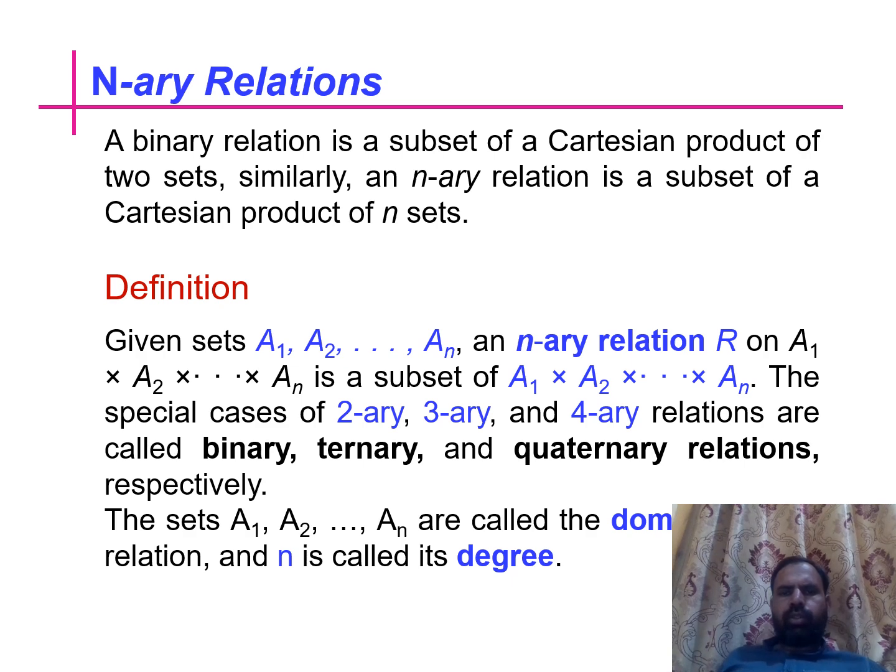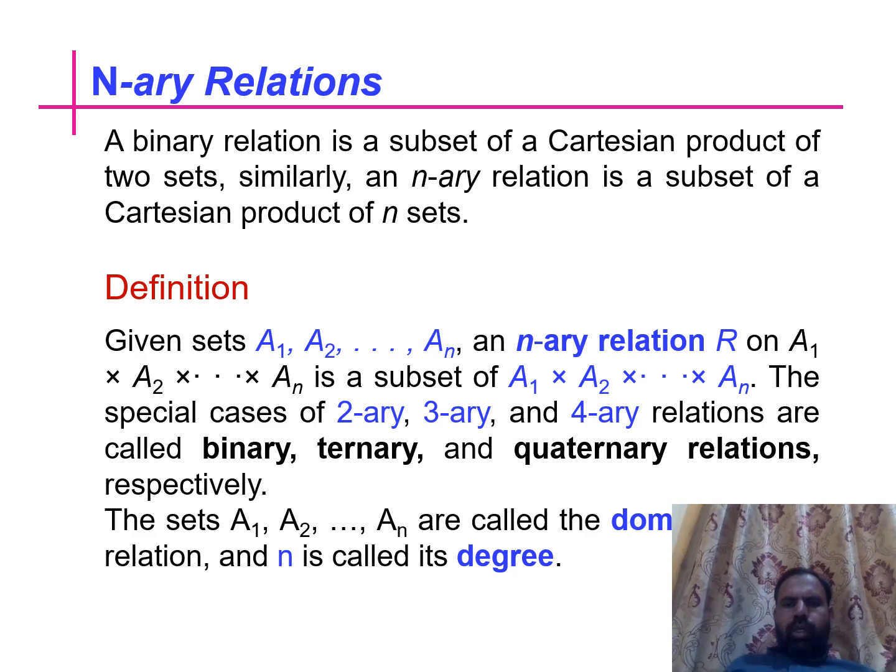The special cases of 2-ary, 3-ary and 4-ary relations are called binary, ternary and quaternary relations respectively. The sets A1, A2, A3 are called the domains of the relation, and n is called its degree.